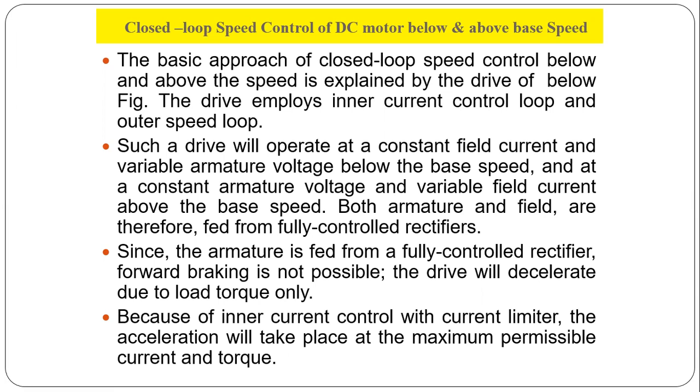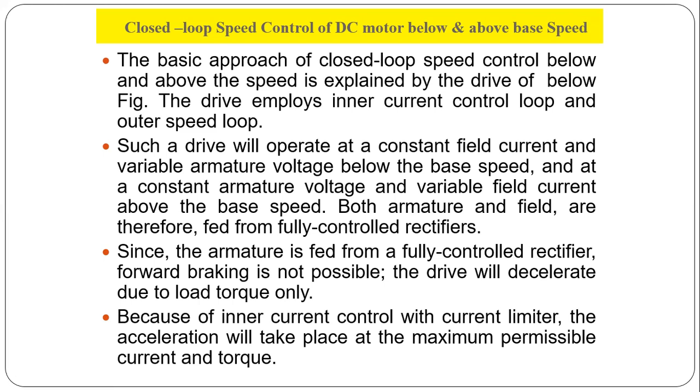Now, how to control the speed above and below the base speed? Let us understand the basic approach of closed loop speed control below and above base speed, explained by the block diagram of the drive given below.